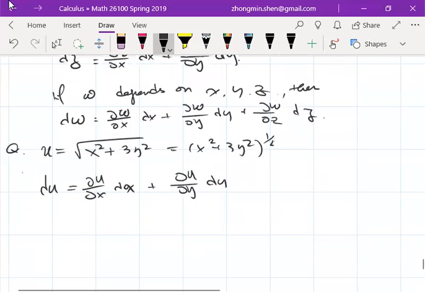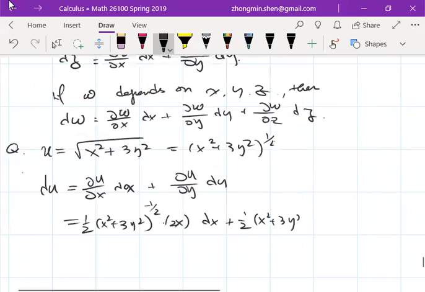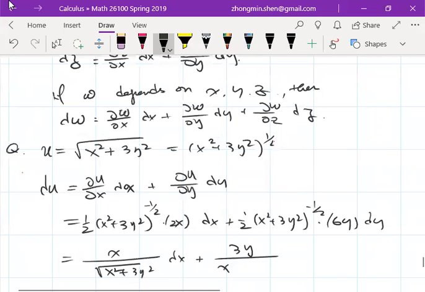So the partial derivative of u with respect to x is going to be half of x squared plus 3y squared to the negative 1/2, times 2x dx, and that will be 6y dy. Then you can simplify a little bit. It's going to be x squared plus 3y squared, and dy.